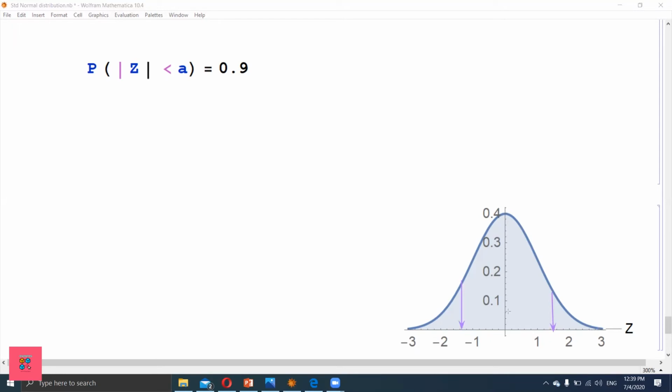The area below this point is called phi of minus A. And the area from this point to this point, if I write it for example in green color, this area is phi of plus A. This area is phi of minus A. And our required area is in between these 2 points.